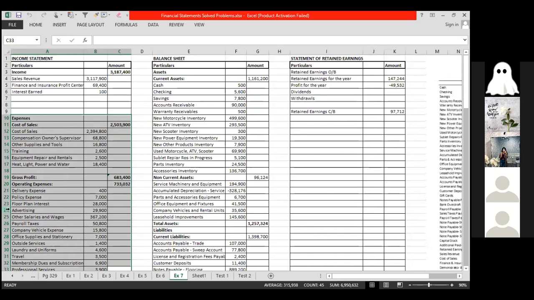And we know that cost of sales are expenses that are incurred for the production of your business. So if you have a manufacturing plant or a manufacturing unit that produces something, all the costs incurred in that manufacturing unit or in that production plant are your direct costs or cost of sales.